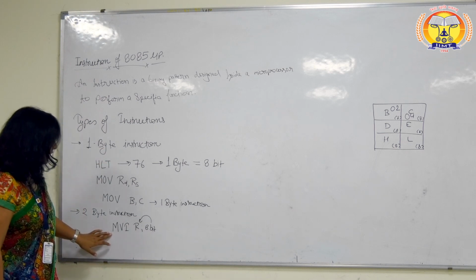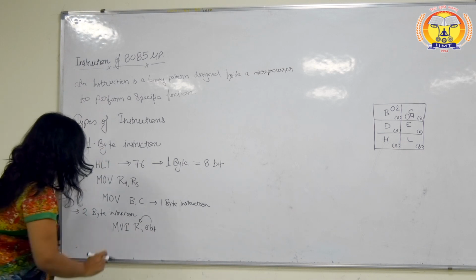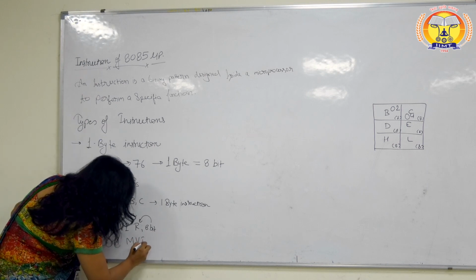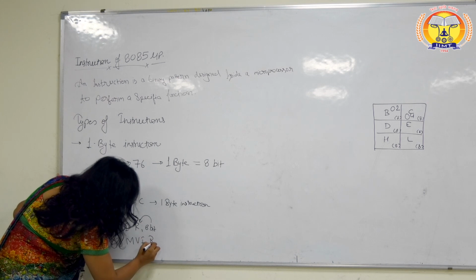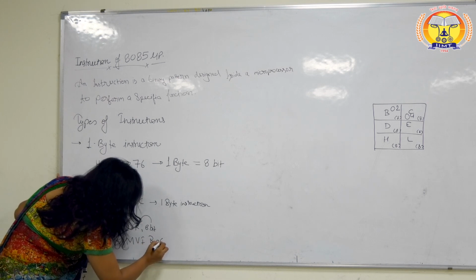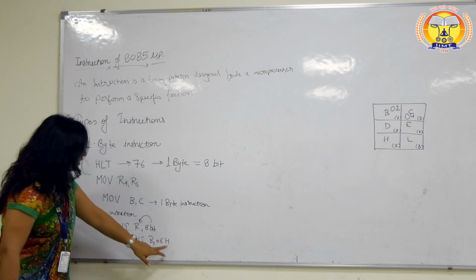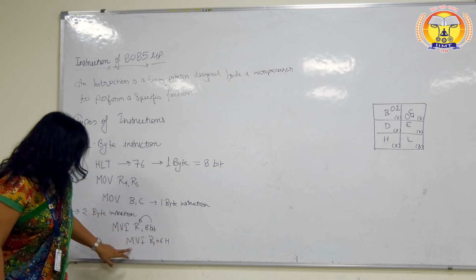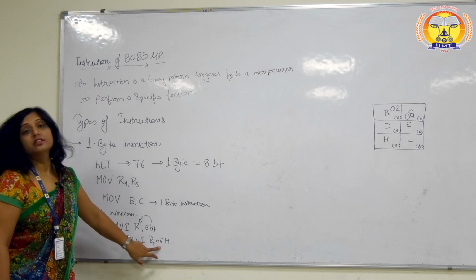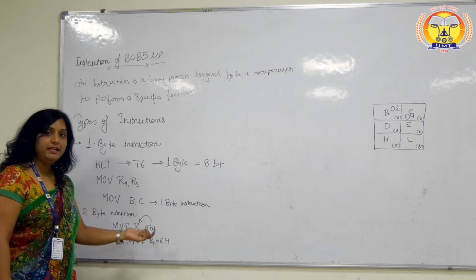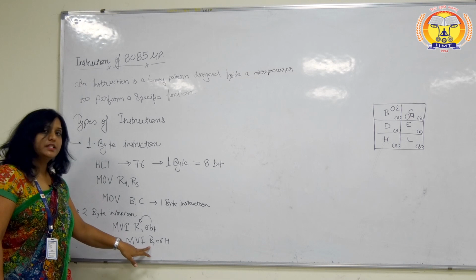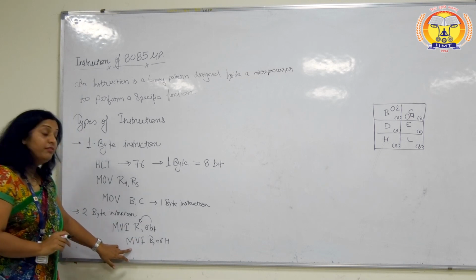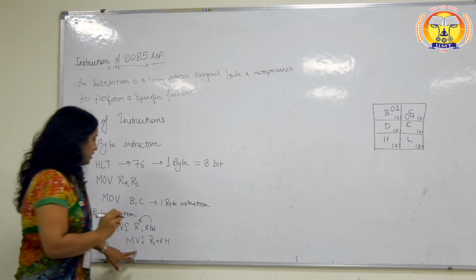Now what will happen with the instruction? For example, MVI B, 06H. This H stands for hexadecimal number. Now what will happen after this instruction? 06 8-bit data will move into register B. Now how is it a 2 byte instruction?